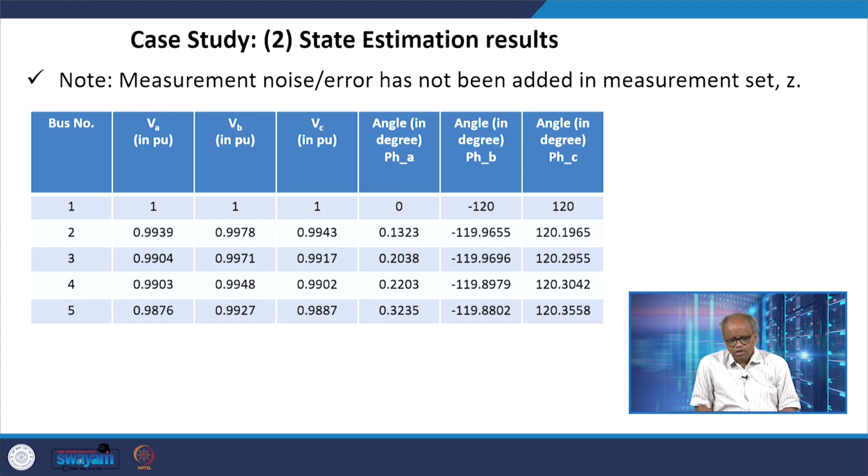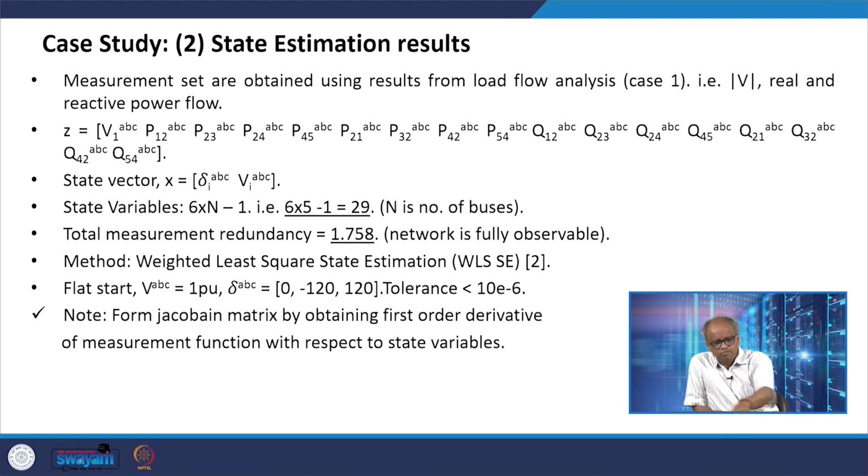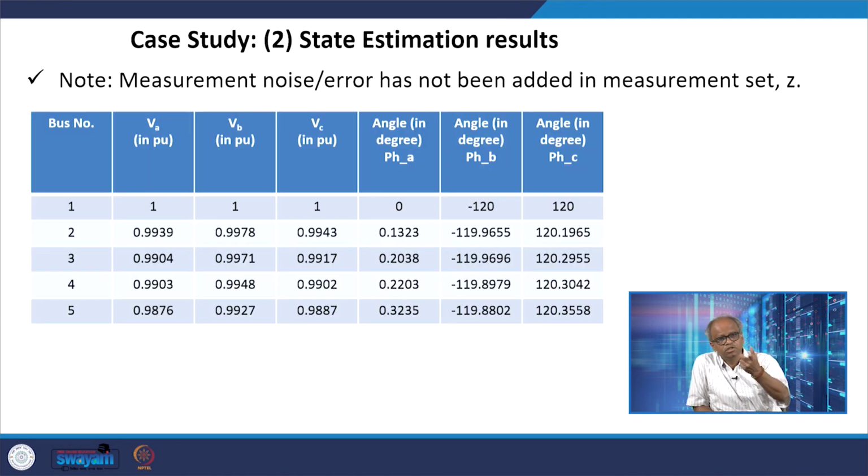When we take these ideal values obtained from the load flow analysis as the measurement values without adding any noise, and then do the state estimation and recalculate this V IABC and theta IABC for all these 5 buses, we get these results, and these results are exactly matching the results of the load flow analysis.